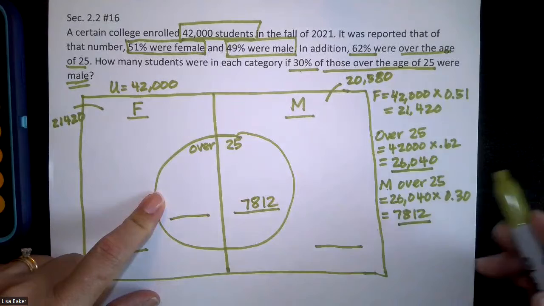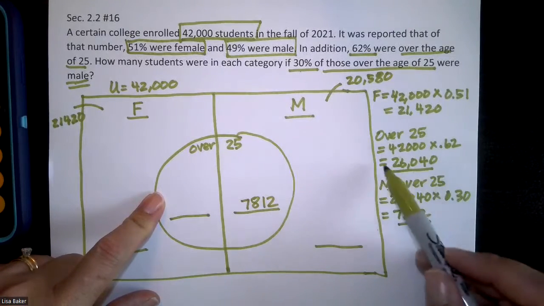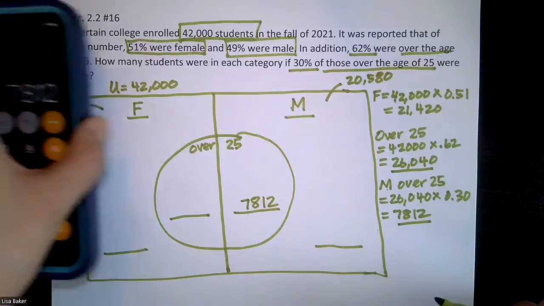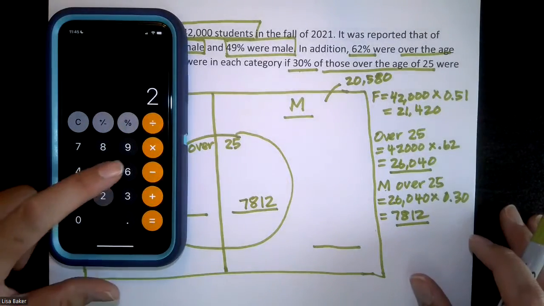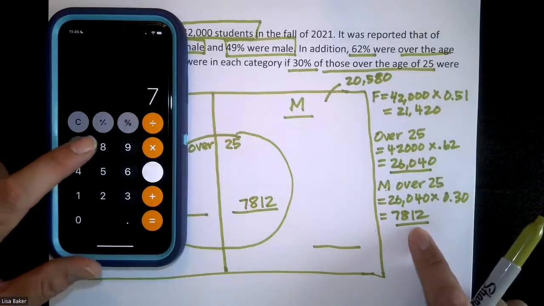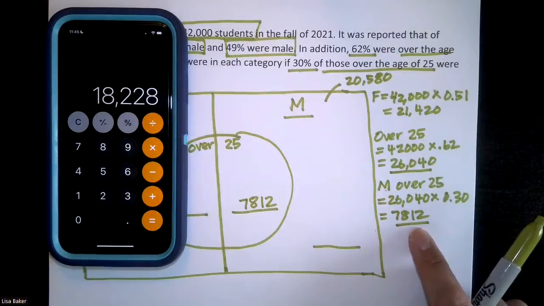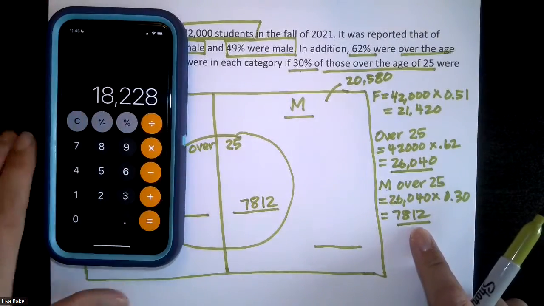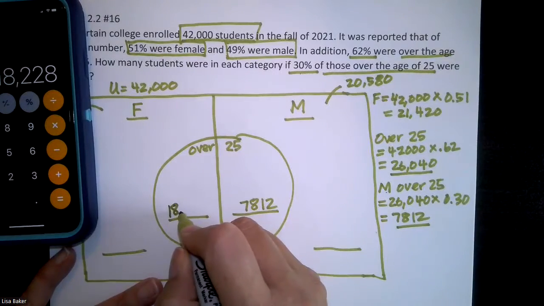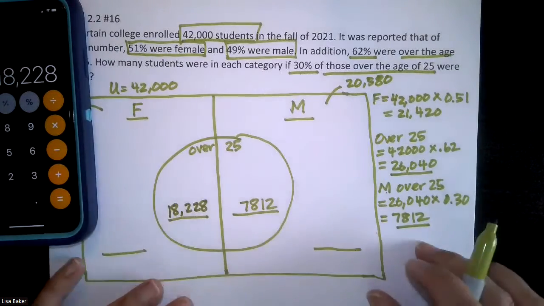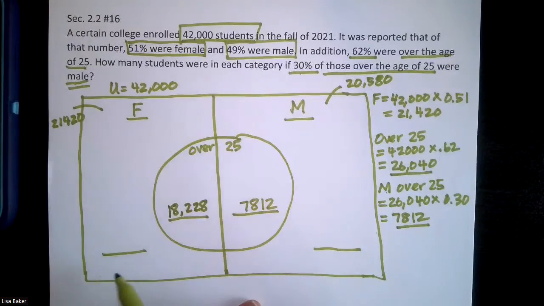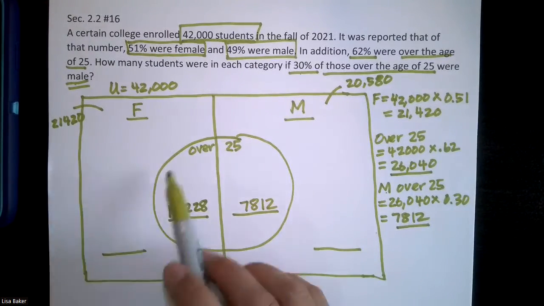To me, the easiest way is to see that this is the total over 25 and this is the males, so if we take them out, we're left with the females. 26,040 minus 7,812 leaves me with 18,228.